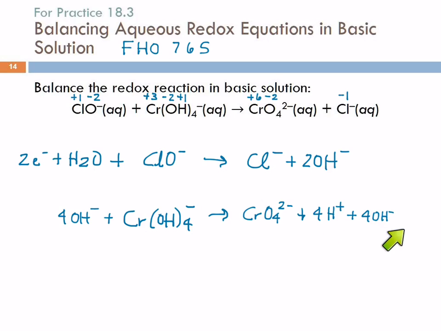Then I recognize that 4 hydrogen ions and 4 hydroxide ions make 4 water molecules. And so I'm going to rewrite that as 4H2O.